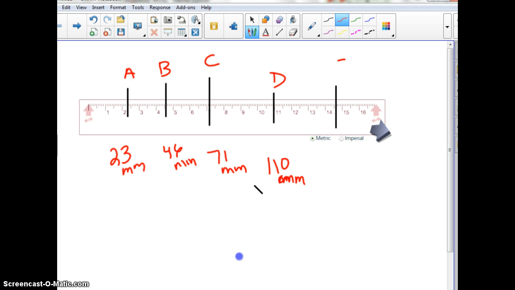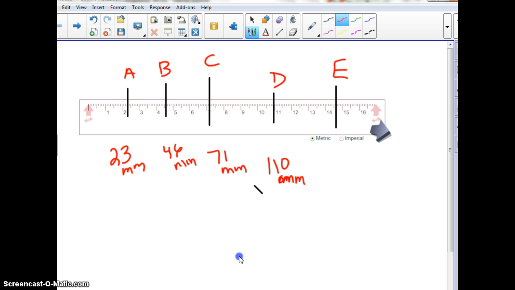How about the very last one, letter E? This is tricky. Aaronell? This is 140 right here. Oops, that's crazy, it's like it hides it from me. Sorry about that.